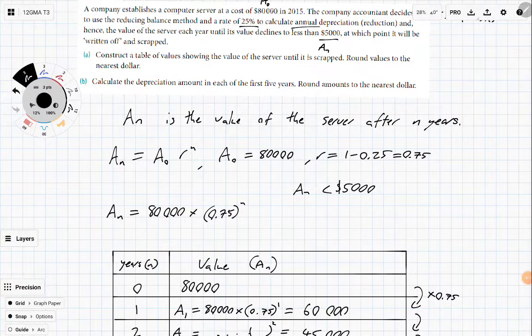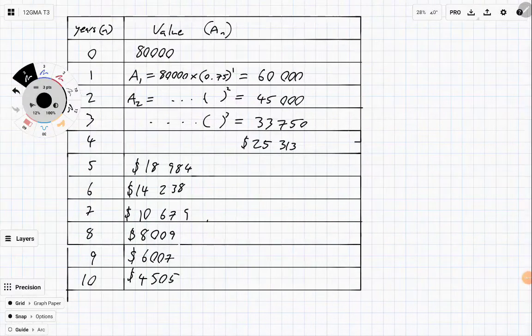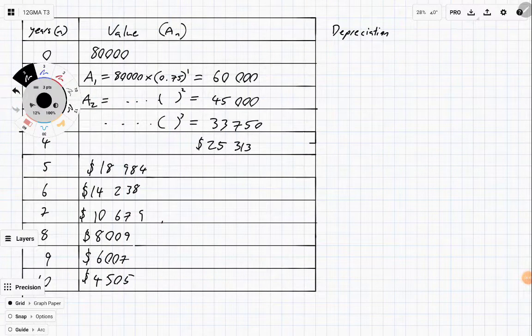Alrighty, so let's actually see how much it changes. So the depreciation amount's the amount of actual dollars it goes down, because each time it's just a decrease of 75%. We know that. But the question is, what's the depreciation? How much is it actually depreciation? This is for part B. So the depreciation amount doesn't matter for the first one. There won't be a depreciation for the 0th term.